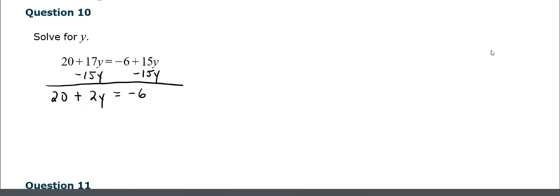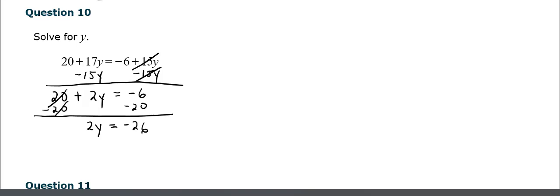And on the right-hand side, 15y minus 15y, remember, will cancel out. And now my variable isn't isolated yet because I need to get rid of that 20 on the left-hand side. So since it's positive 20, I'm going to subtract 20 from both sides. And that leaves me 2y equaling negative 6 and negative 20 give me a negative 26.